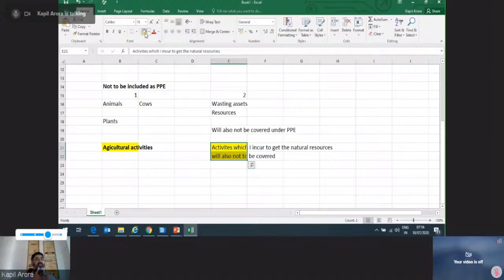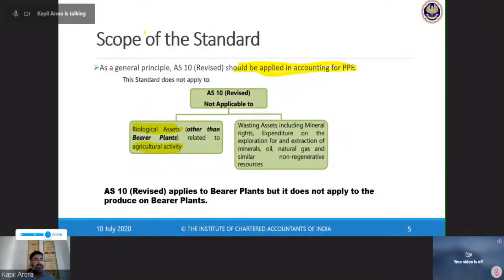So make sure of these 2 items: agricultural activities, where plant and animal biological assets will not be covered under property, plant and equipment; and second, the wasting assets, all the resources plus any activities where we have incurred money, will also not fall under property, plant and equipment.